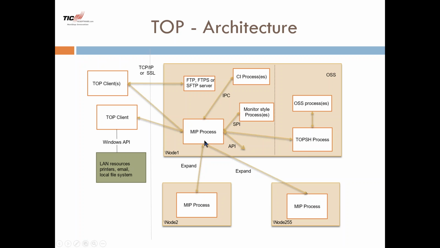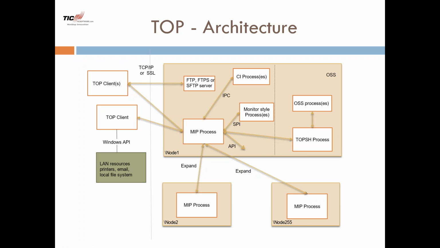This is the gateway into the system, and it performs all the operations on the NonStop on behalf of the client. It uses SPI and APIs. It can talk to the command interpreter, the TACL. It can also talk to OSS processes, as we will see. The TOP client can also interface with local Windows resources, which allows it to do cool things like email, FTP, and more.